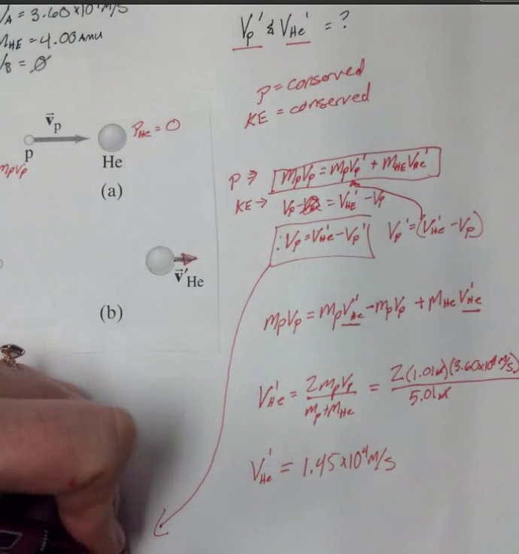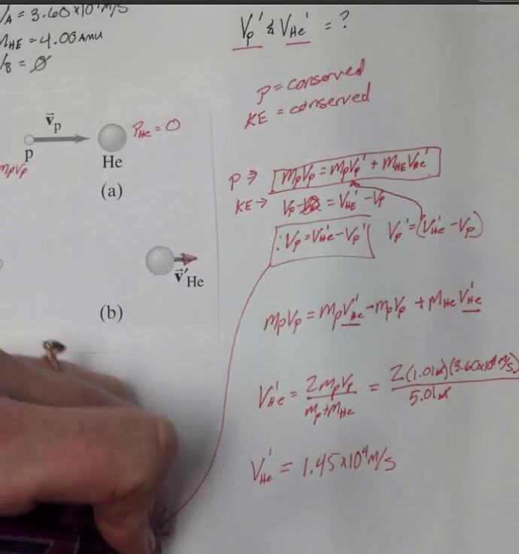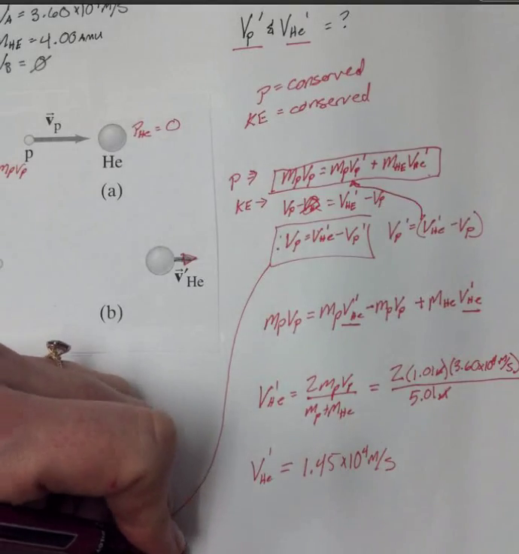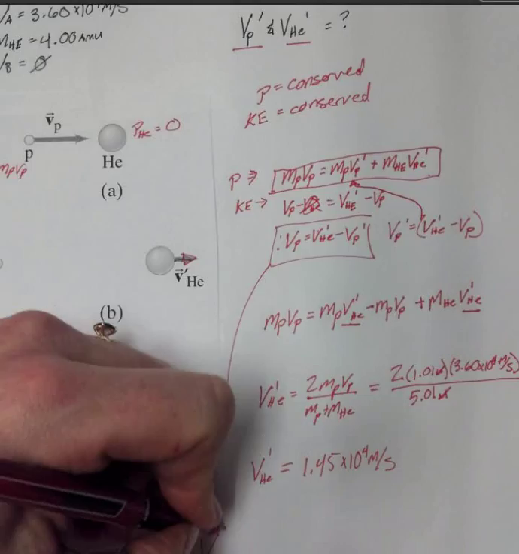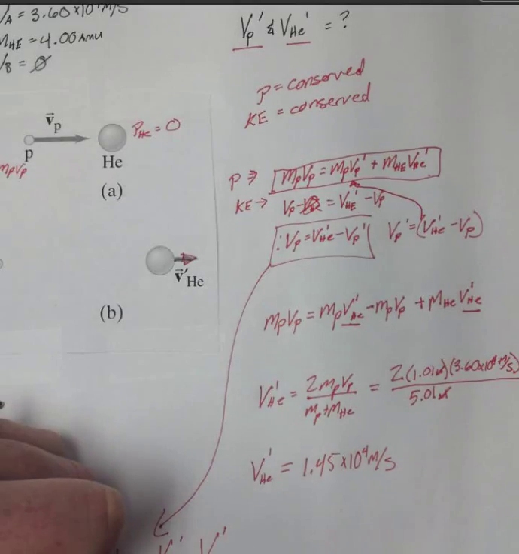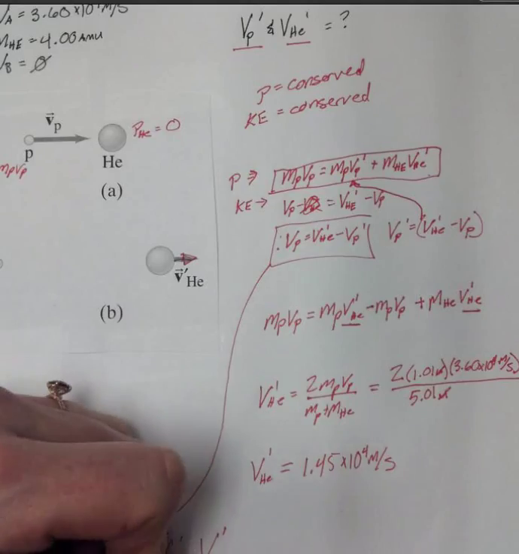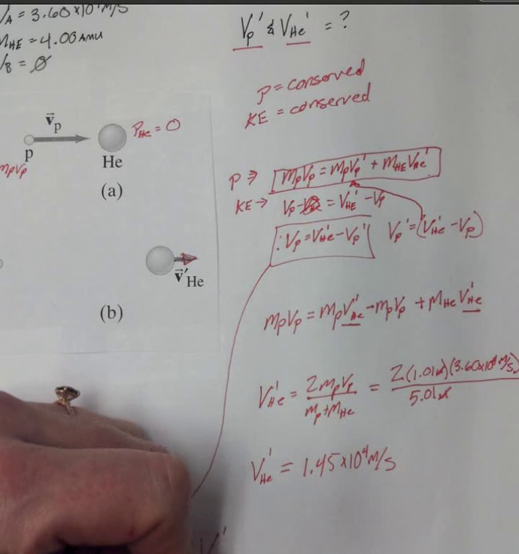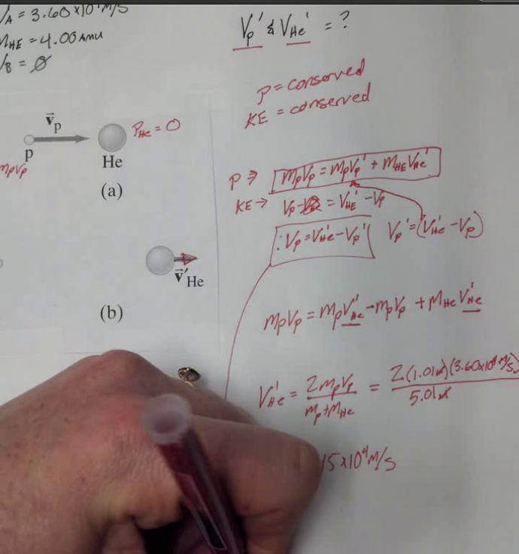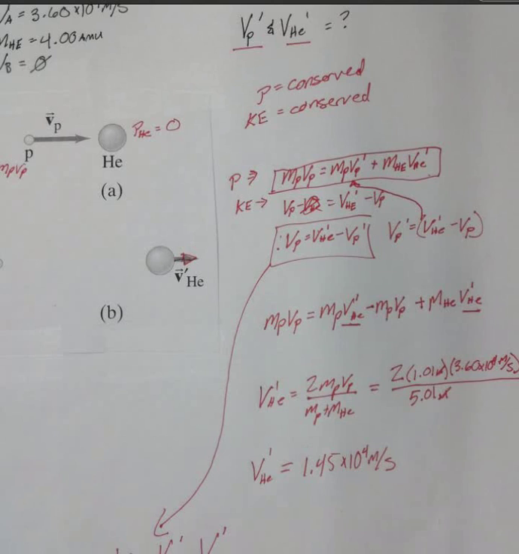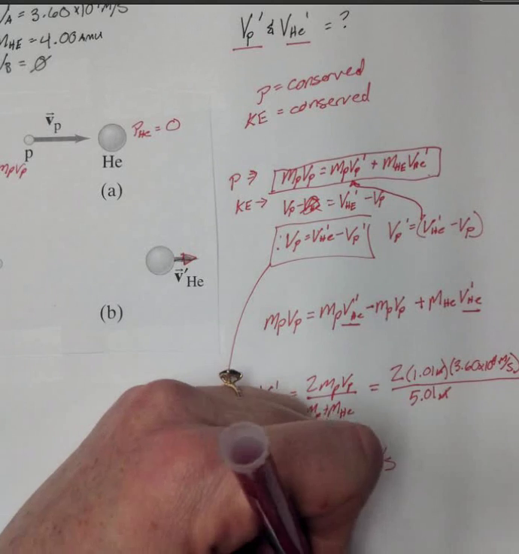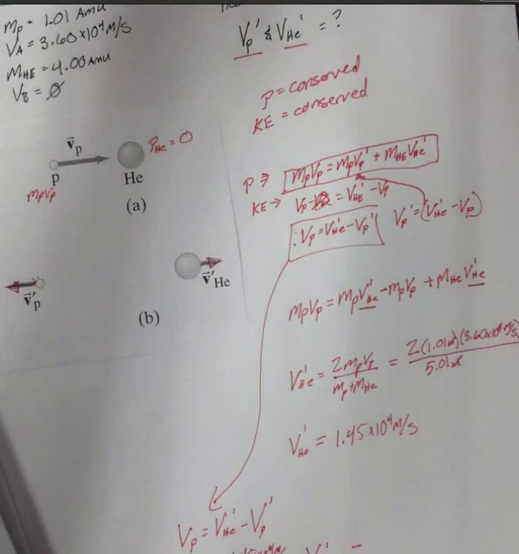And if we have that, we can plug it back into this equation, and we get that Vp is going to equal Vhe' minus Vp'. So I had 3.60 times 10 to the 4th meters per second equals 1.45 times 10 to the 4th meters per second minus Vp'.